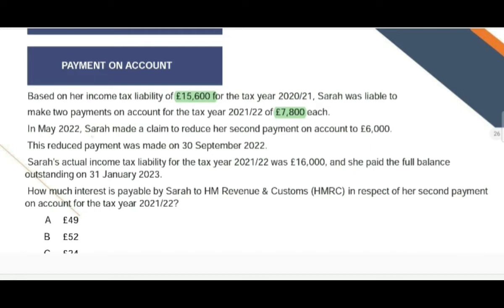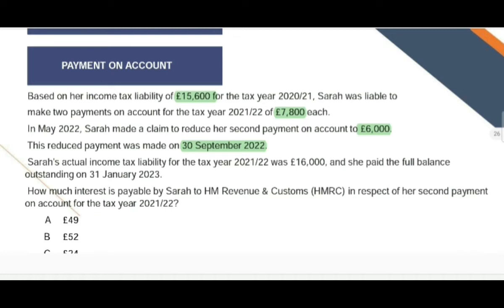Now in May 22, Sarah made a claim to reduce her second payment on account to 6,000. This reduced payment was made on 30th September 22. First, she has claimed to reduce the payment on account, but that amount should have been paid on 31st July 22, and she made the actual payment on 30th September 22.